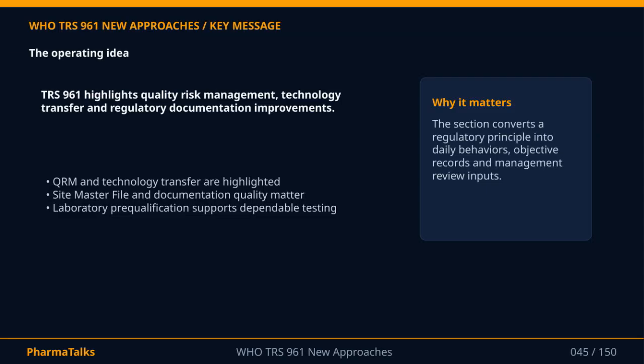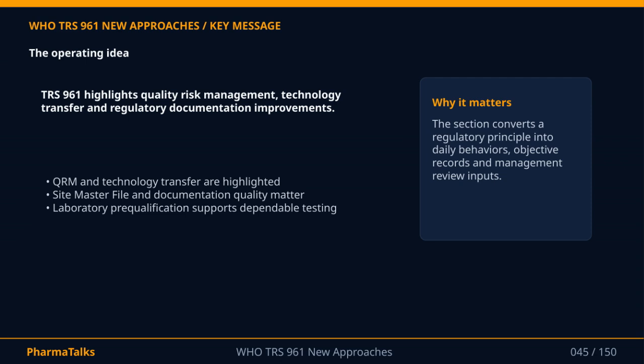This slide focuses on the key messages from WHO TRS 961 and its new approach. The core idea here is the emphasis on quality risk management and improvements in technology transfer, along with enhancing regulatory documentation. Specifically, the report highlights the importance of quality risk management, or QRM, and technology transfer processes to ensure consistency and reliability.